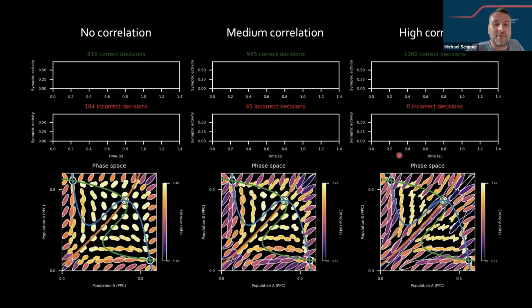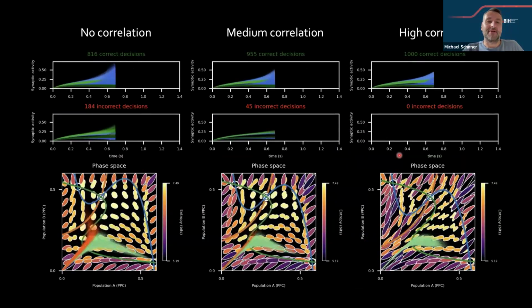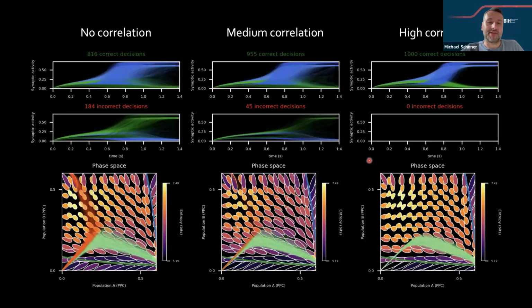So we have here the no correlation, medium correlation, and high correlation differentiation. I'm just showing you these videos to give you this picture. In the direct comparison, we can see here how this leads to much better outcomes. We have here all green correct solutions for the high correlation, and with no correlation, we get much more faulty results.